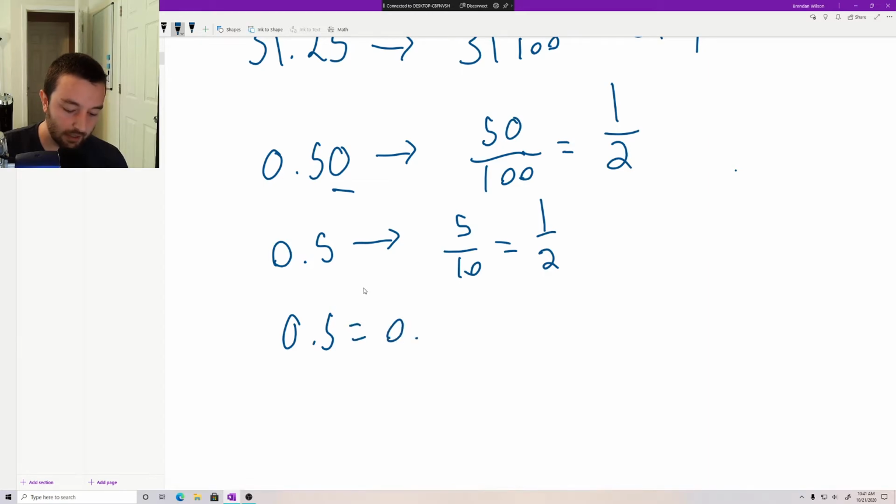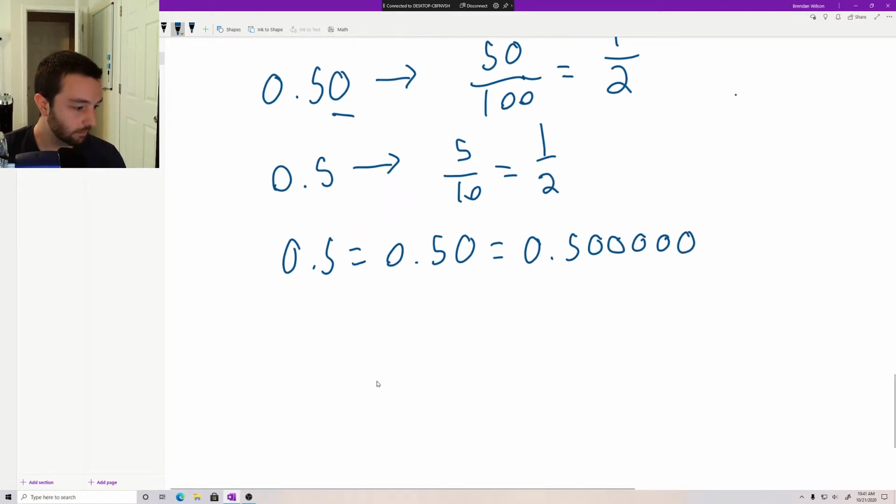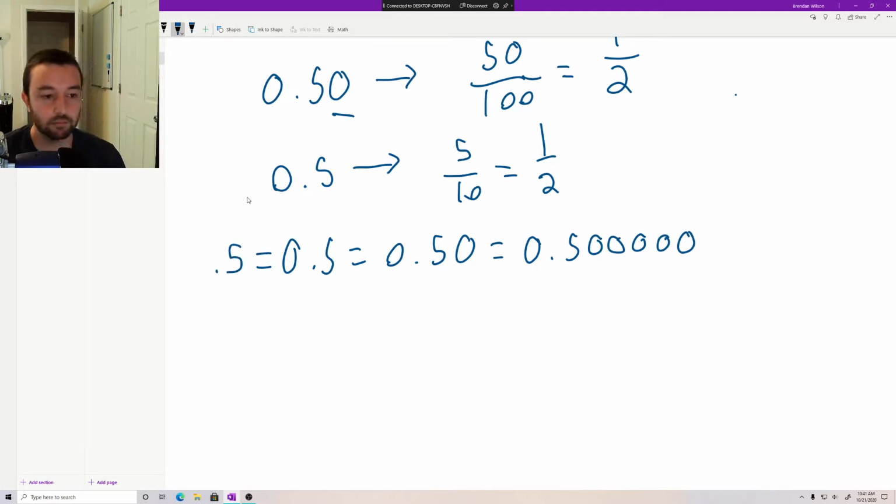0.5 is the same thing as 0.50 is the same thing as 0.500000. Okay. It doesn't matter. Similarly, the 0 on the left side of the decimal here, that also doesn't matter, because notice it doesn't show up when we do the fraction part. So it's kind of just a matter of personal preference whether or not you actually write the 0. You can just as well write .5.